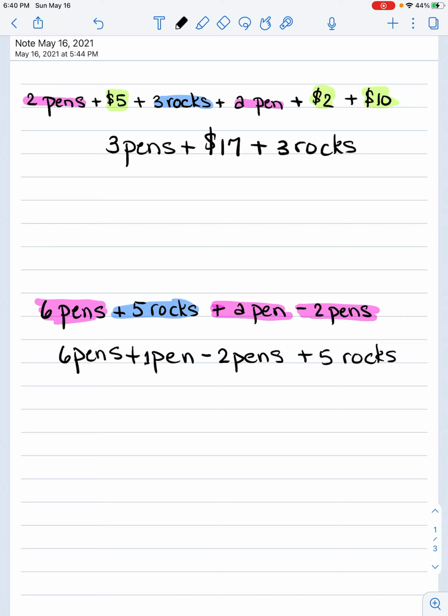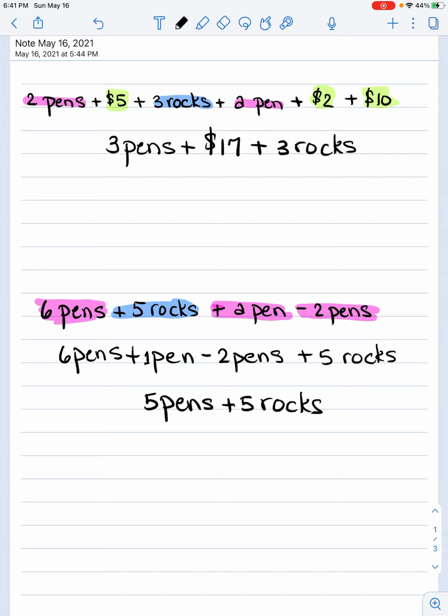I have 6 plus 1 is 7, but then I'm taking 2 away, so that would be five pens and five rocks. And that's why I am including the subtraction sign with those last two pens, because I need to know what's going on. Combining sounds like you're always adding, but combining like terms means adding and subtracting.